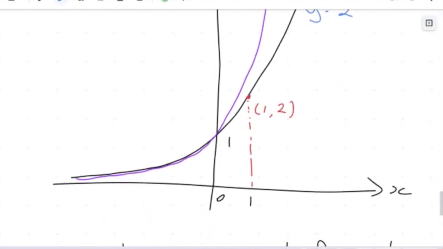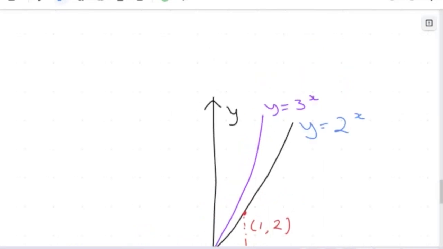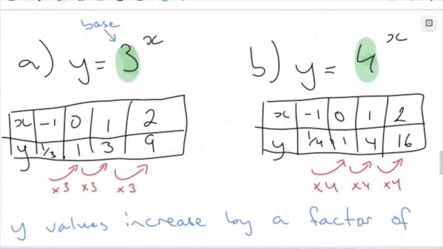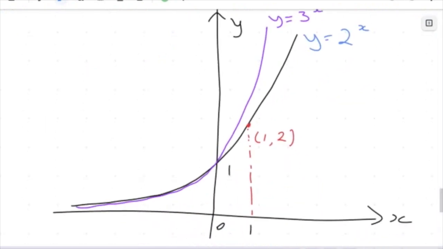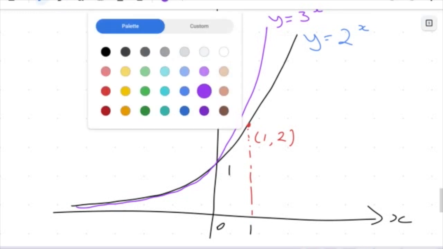Now keep in mind the intercept is still the same, and we can see that from our table of values. When x equals 0, y is always going to be 1. So it's similar around here, but then it starts to shoot up when we get to positive values of x. Let's do this in another color.